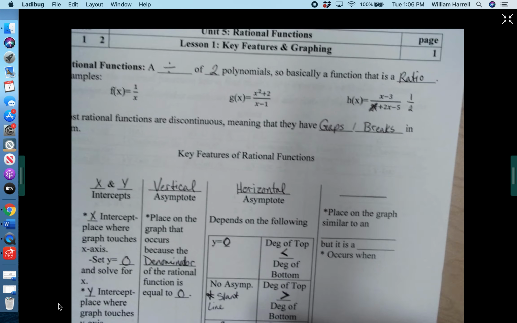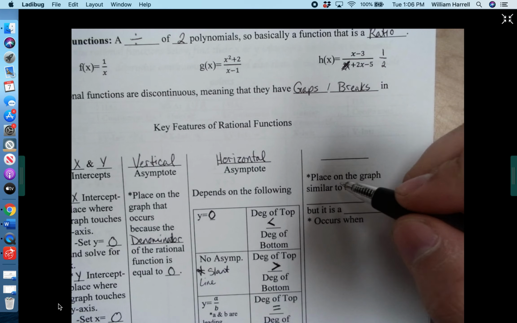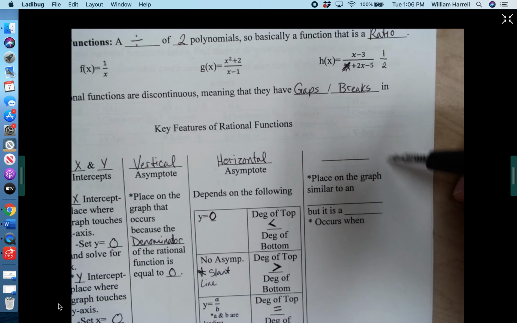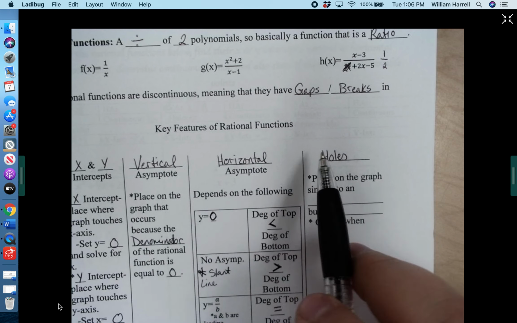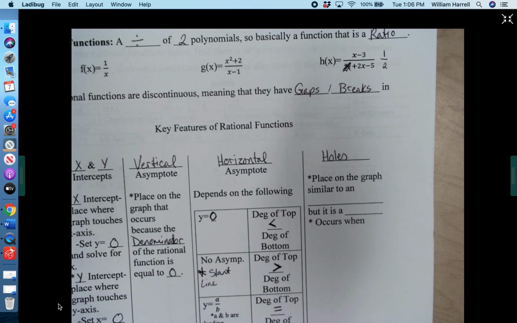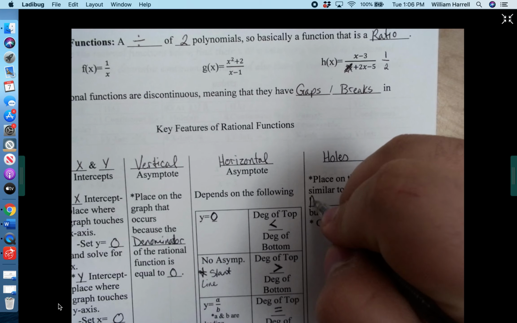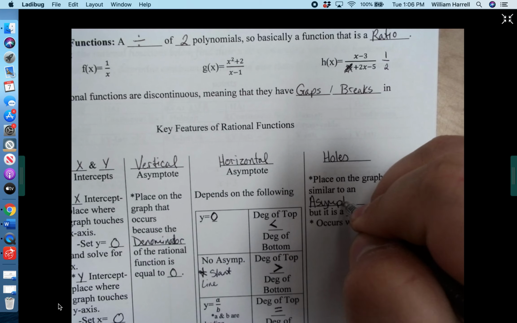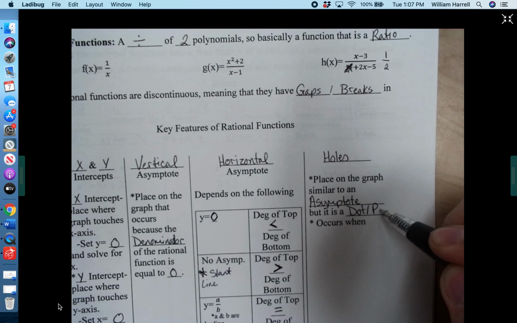The last really big key feature, and these are tricky, and what I feel like you'll get tested on, are holes. Your asymptotes are your big things for Math 3. A hole is similar to an asymptote, but it's just a dot or a point, and it's open.